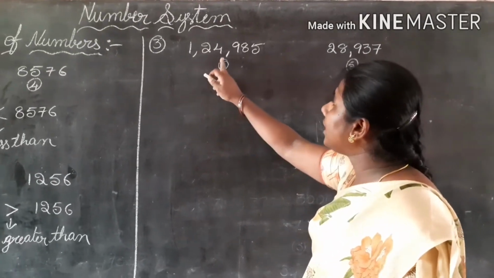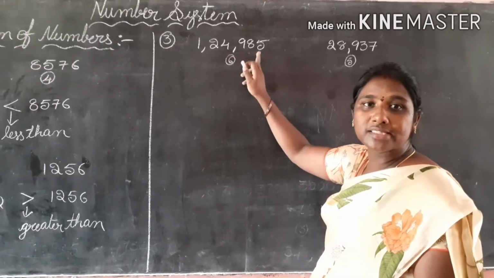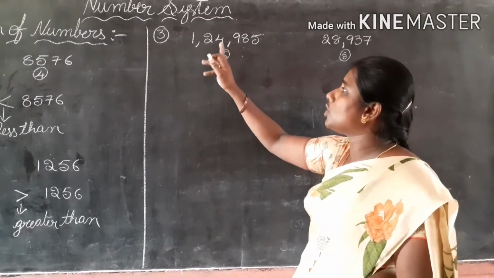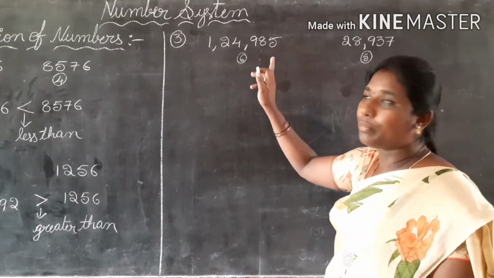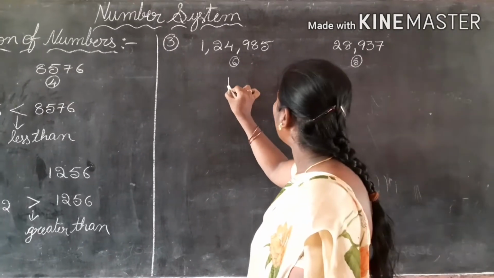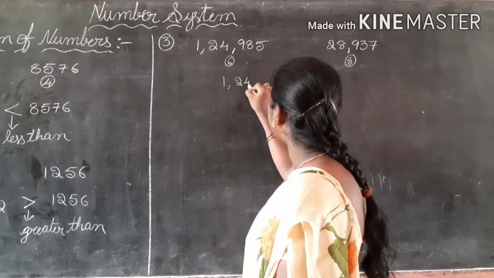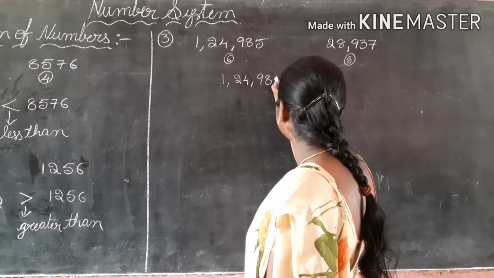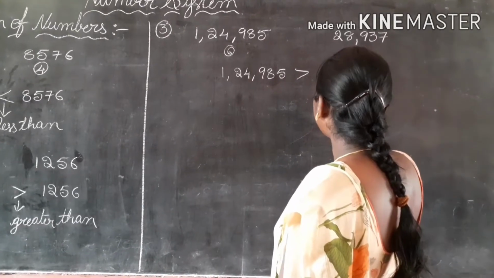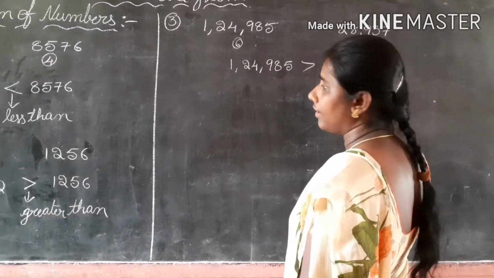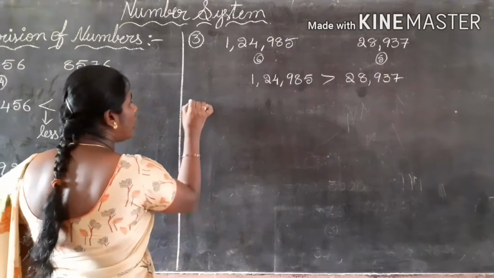So 1,24,985 contains 6 digits, so 1,24,985 is the greater number. We can write this as 1,24,985 is greater than 28,937.